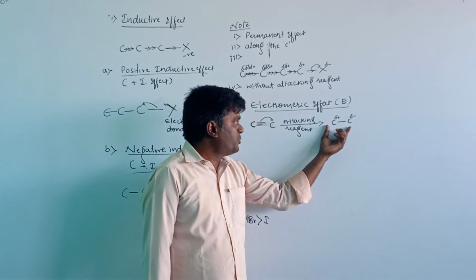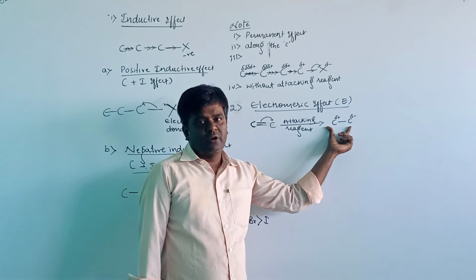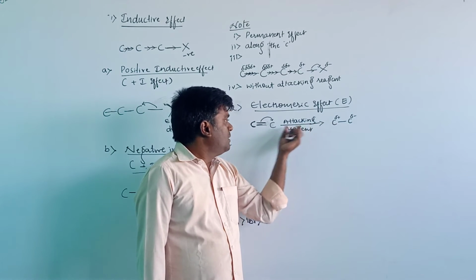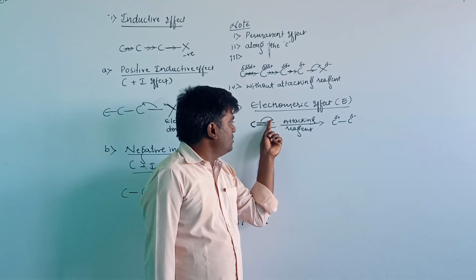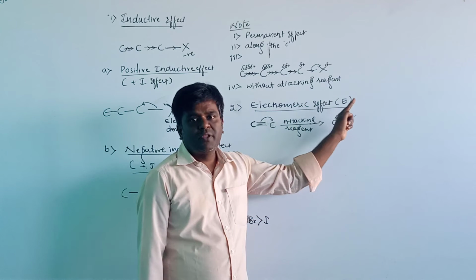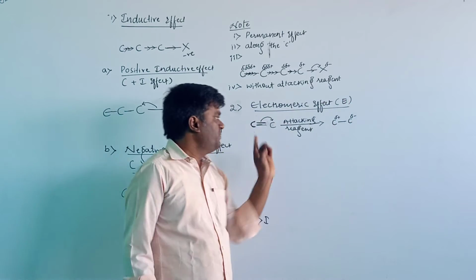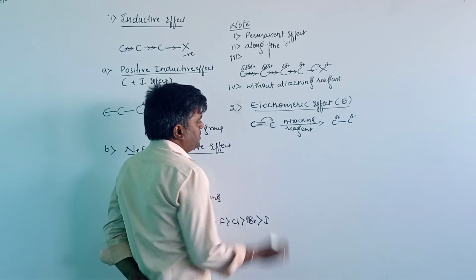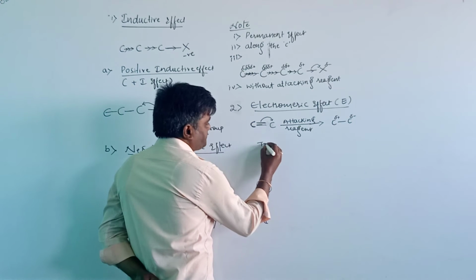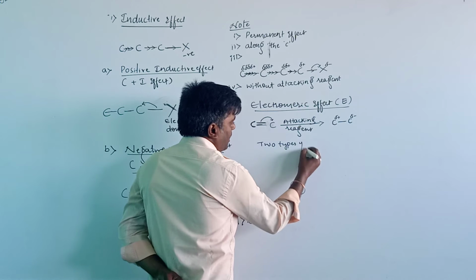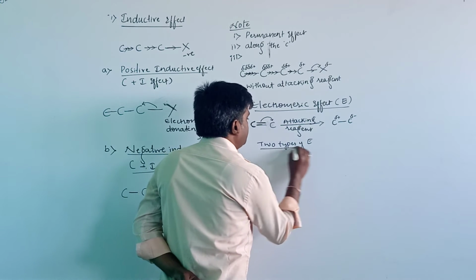The polarity produced, polarity means partial positive, partial negative, due to the displacement of electrons in the presence of an attacking reagent is known as electromagnetic effect. Again, the electromagnetic effect is further divided into two types.